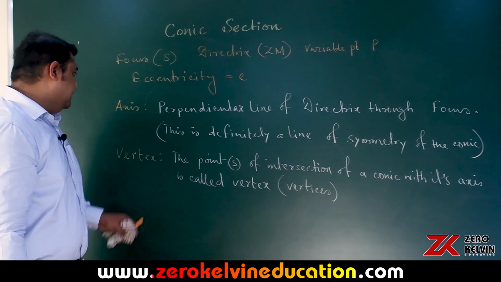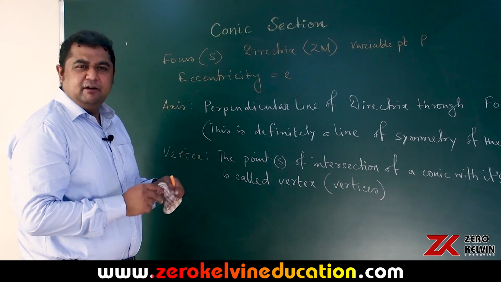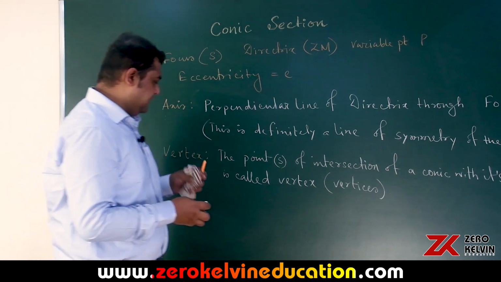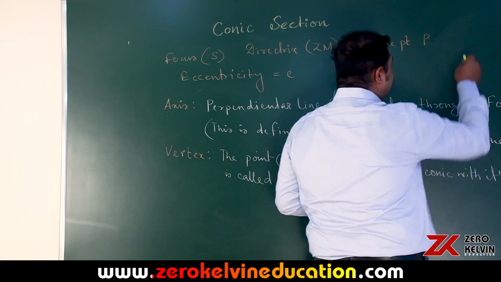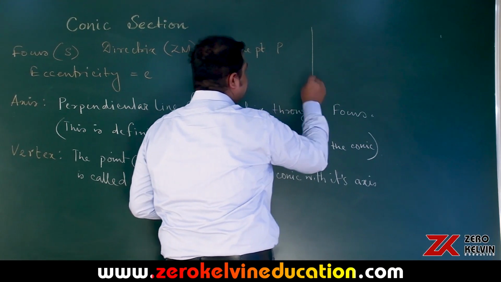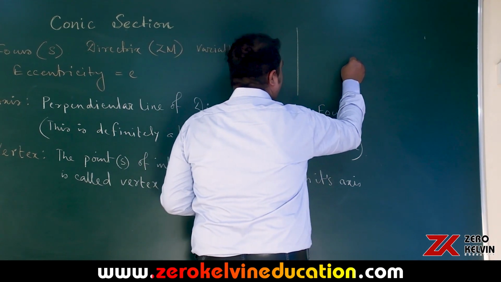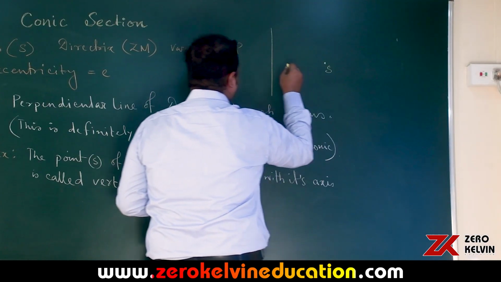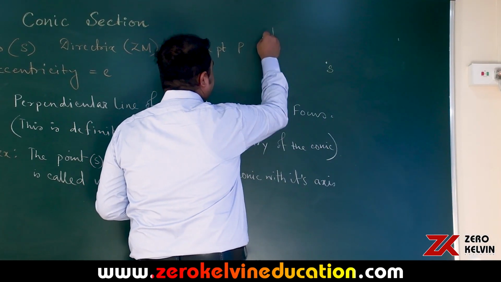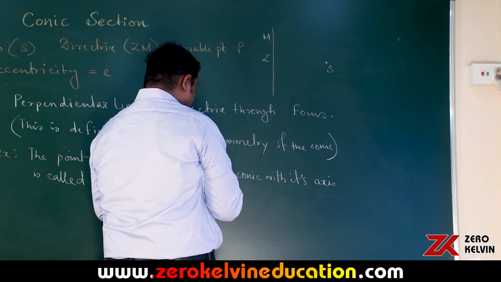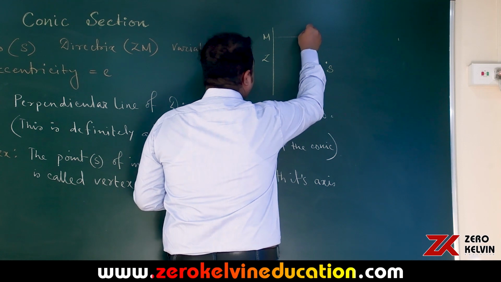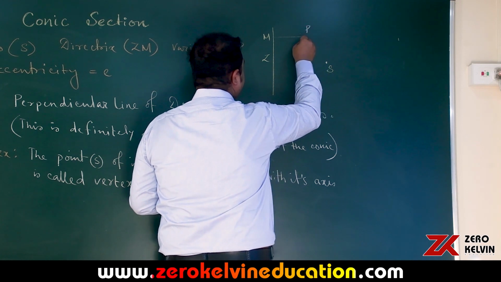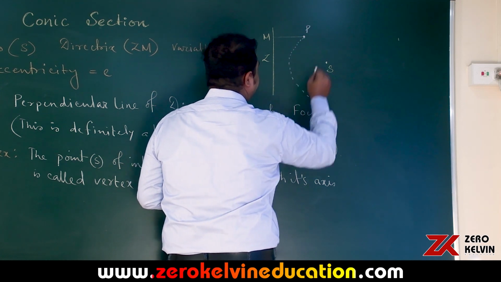Okay. So, if we try to have a rough appearance of these things, in that case, if I consider this line is the directrix and this fixed point is focus S. So, this is Z M and our variable point P is this one, which is generating a curve like this.